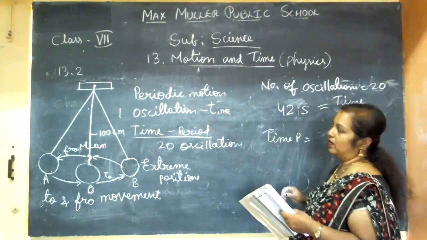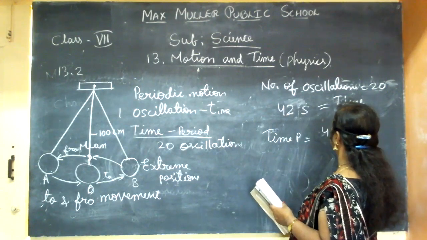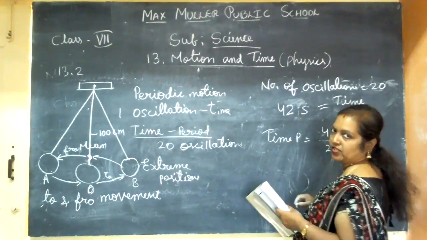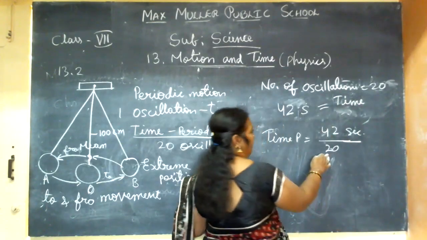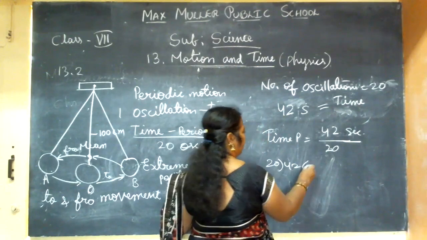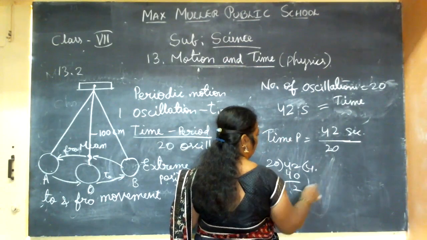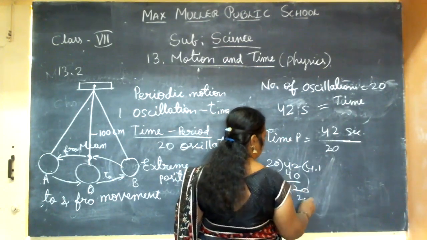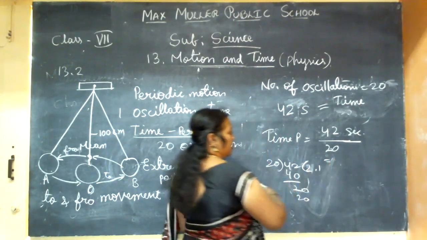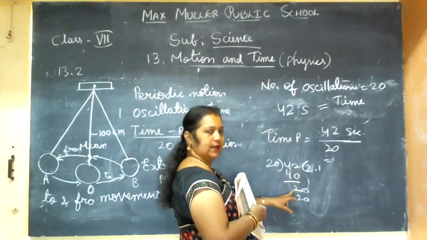Time period is equal to the time taken divided by the number of oscillations: 42 seconds divided by 20. If you divide, 2 twenties are 40, and 2 is remaining.